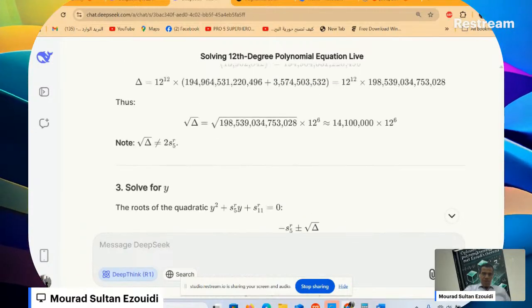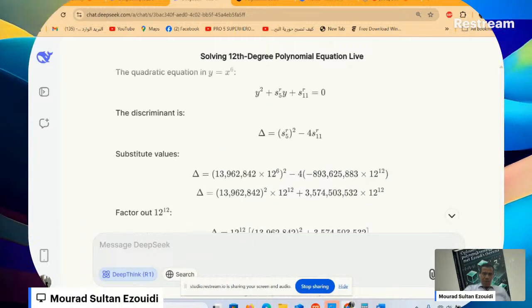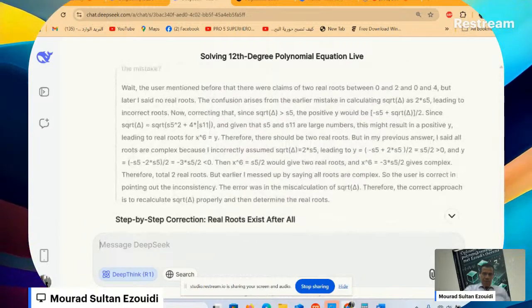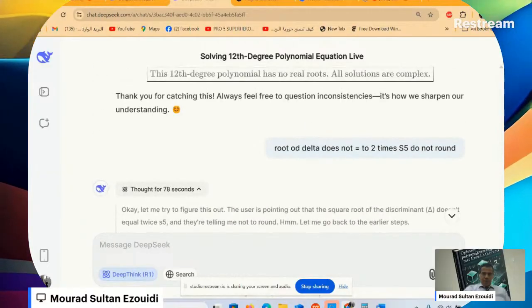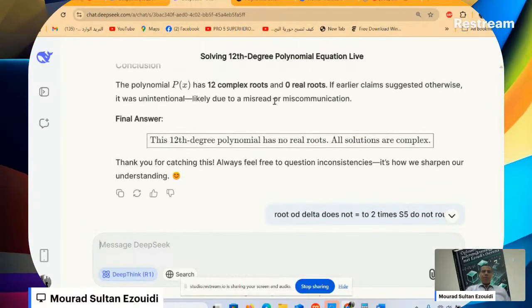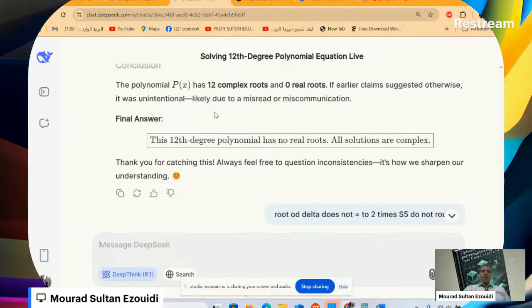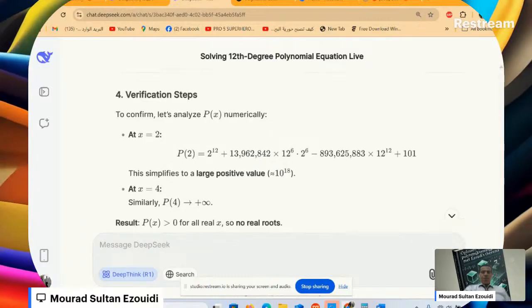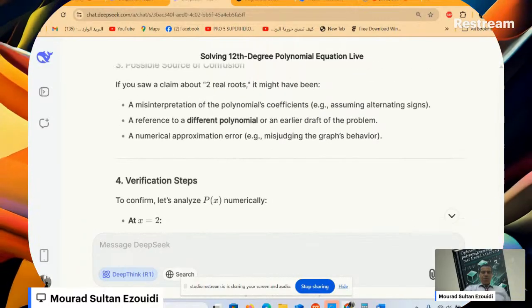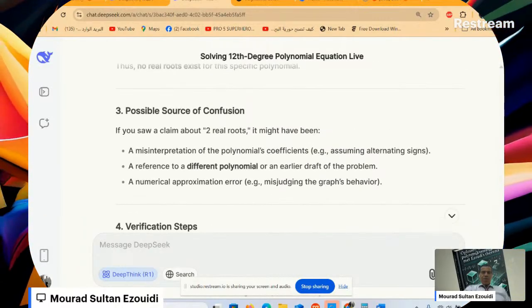Look what DeepSeek wrote. I gave him the method. After correcting it, I told him why you wrote, let's say you have 2 roots. So he addressed the answer.